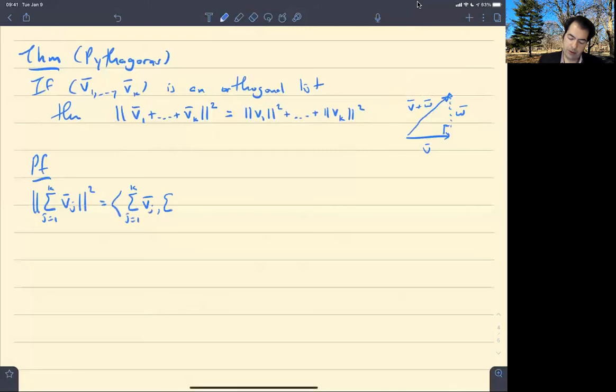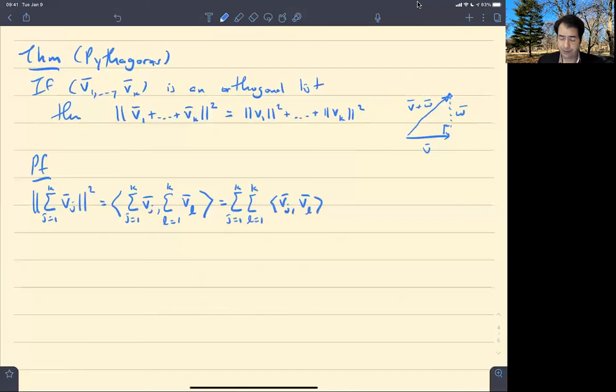Here, let's use a separate variable, L, from 1 to K. Now because this is linear in the first entry and almost linear in the second entry, I can pull out the sums. And I just get a big double sum of the inner products of VJs with the VLs.